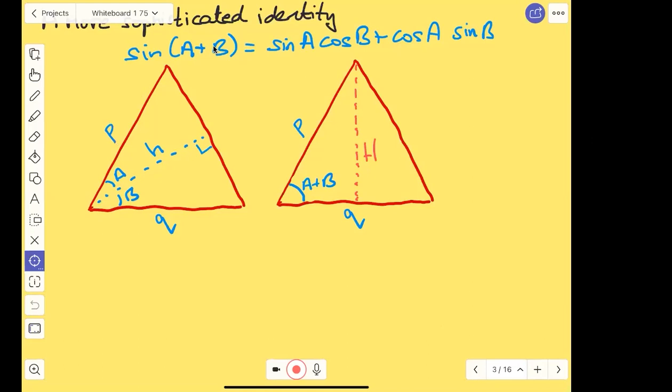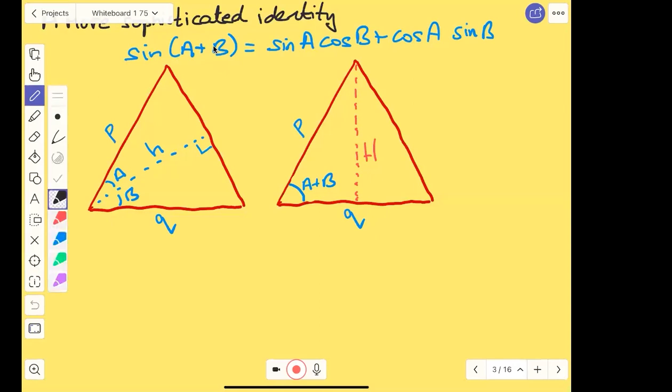And then I've taken this triangle and copied and pasted it here. But now I'm going to drop a perpendicular here and call this height capital H. But this side, which is the base of the triangle viewed in this way, if that's the height, is still q. And the proof that I'm going to use is based on the following idea.